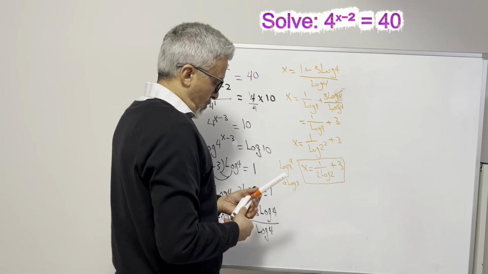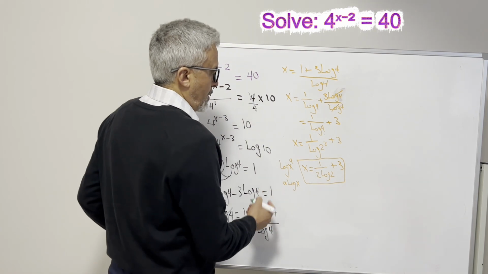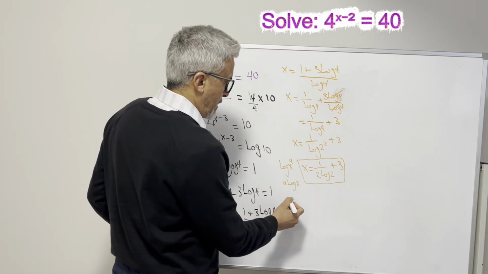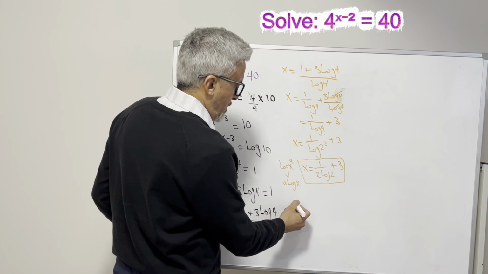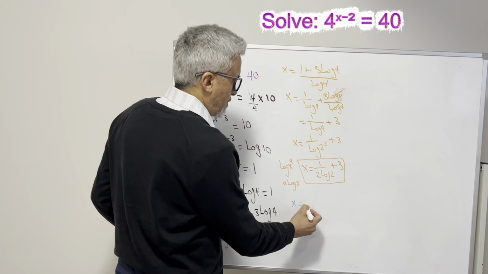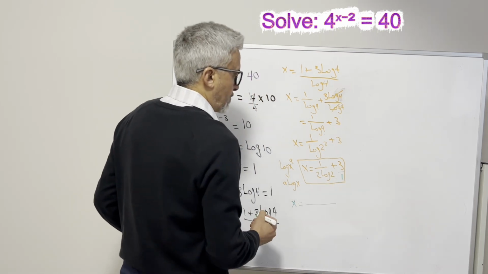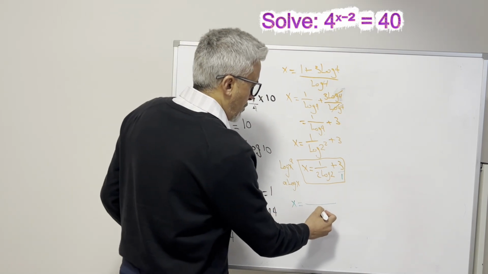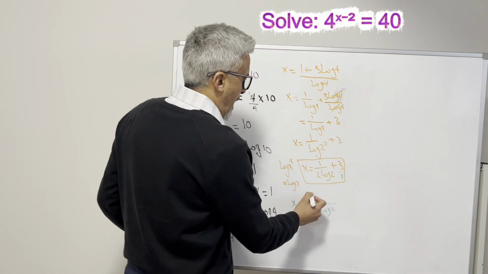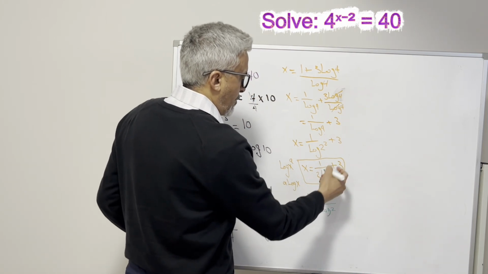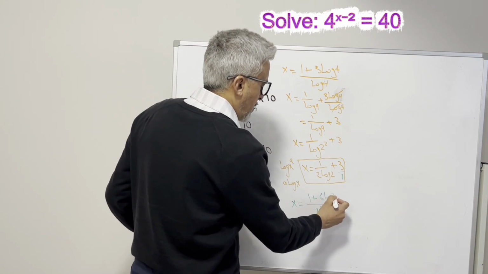So now we're going to start the check, or start manipulating this. So this will give me x equals, we're going to do a common denominator, and the common denominator is 2 log 2, and we'll have 1 plus, we have to multiply the 3 by 2 log 2, and we're going to get 6 log 2.